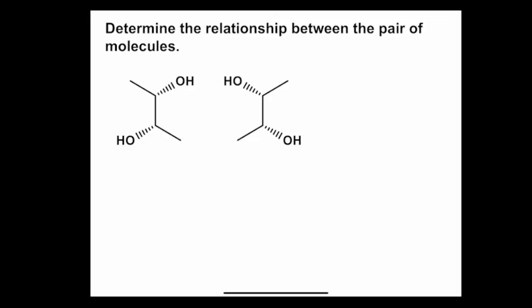Okay, start from the top. Do they have the same formula? Do they have the same connectivity? Are they mirror images? Yeah, these are mirror images. Okay, we're getting close. Are they superimposable? Could I pick up the guy on the left and flip it over to make the guy on the right?